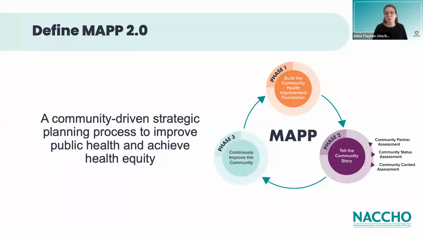MAPP 1.0 was originally developed in 2001, and from 2018 to 2019, NACCHO conducted a national evaluation of the original framework and identified opportunities to improve it. That led us to our MAPP evolution process, which ran from about 2019 to just last year, July 2023, where we worked with the field, including field practitioners through subcommittees.